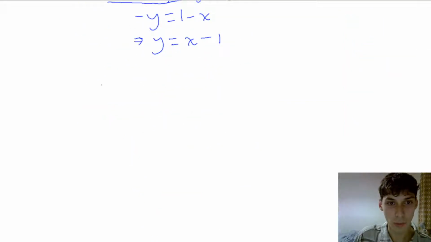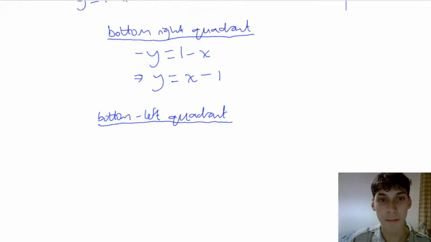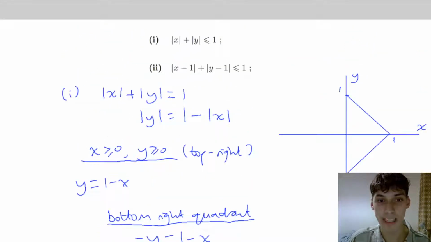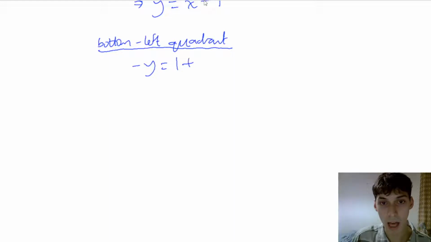And let's do the bottom left quadrant. And we have here y and x are both negative. So we set modulus of x to be minus x, modulus of y to be minus y. And that leaves us with minus y is equal to 1 plus x, because it's a minus of a minus.